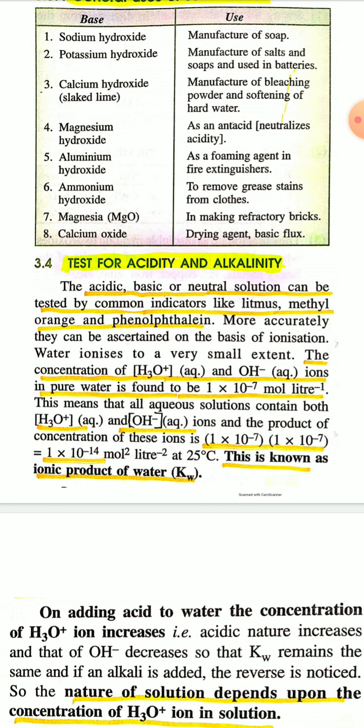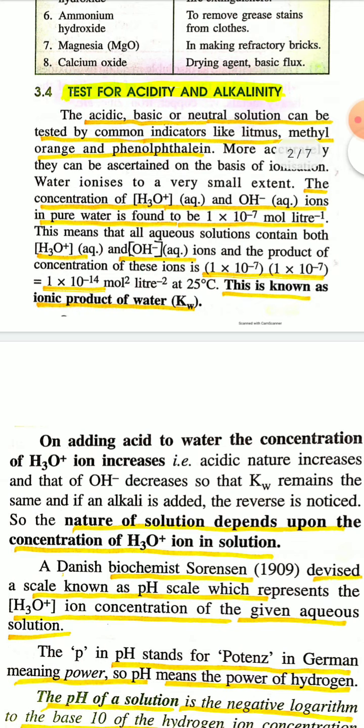So Kw = [H3O+][OH-], and the value of Kw at 25 degrees Celsius is 1 x 10^-14, and this is known as ionic product of water.